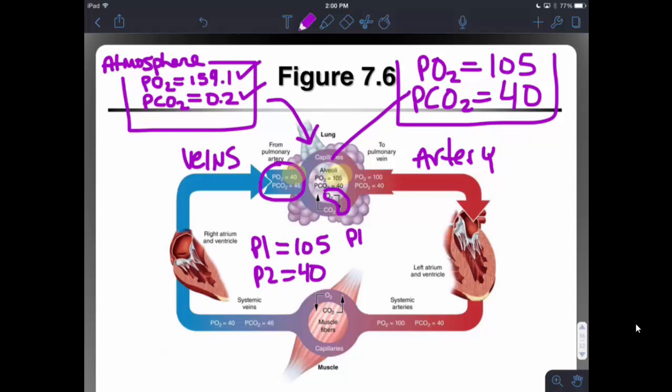Therefore P1 minus P2 equals 105 minus 40, and the pressure gradient of oxygen between the alveoli and the capillary blood is 65. So we have a driving force driving oxygen out of the alveoli into the capillaries, and that driving force is 65.